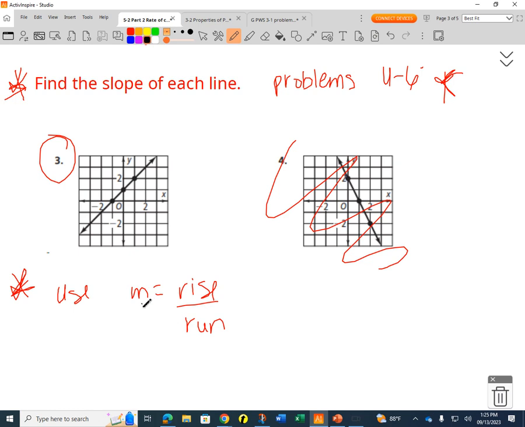So I'm going to find the slope. Remember, m is the slope. M equals the slope. Right now you're writing, you don't have to draw the graph, but you're writing everything else I have here.